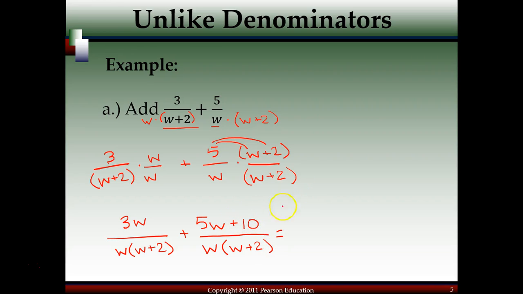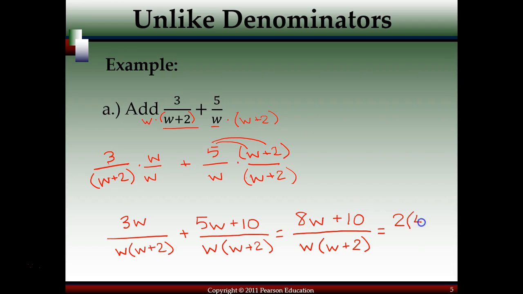And now that we have the same denominator, I'm going to write it as this denominator right there. And we're going to combine the numerators, the 3w plus 5w plus 10. The 3w plus 5w gives us 8w, and then plus 10. Now the last step is factoring the numerator. And this thing factors to, let's see, the only common factor between 8 and 10 is 2. That's it.